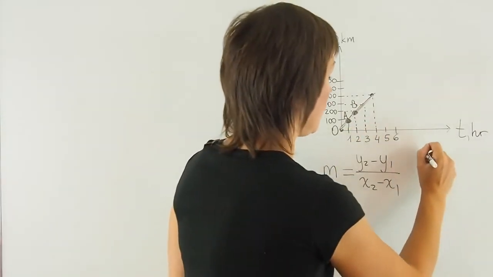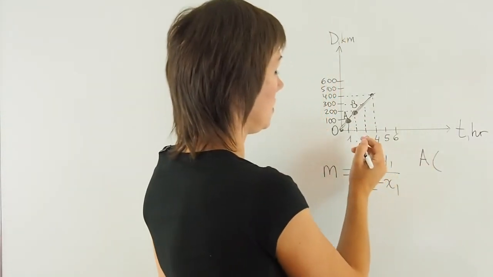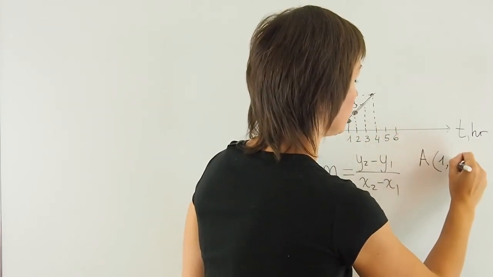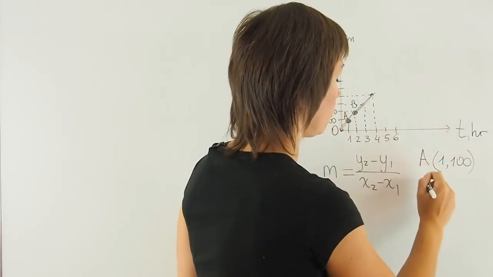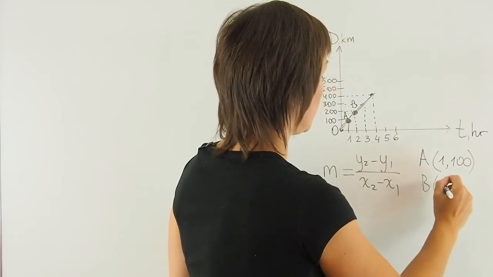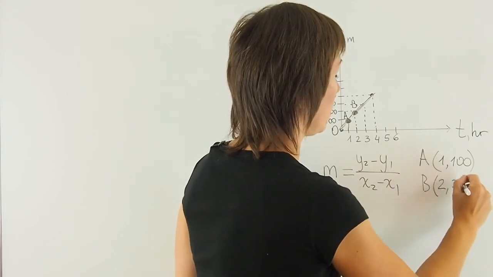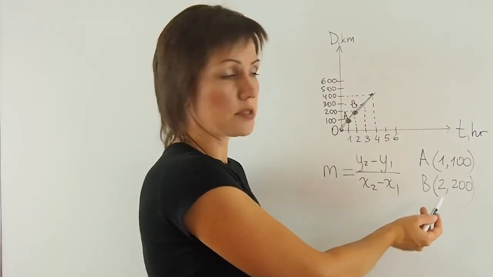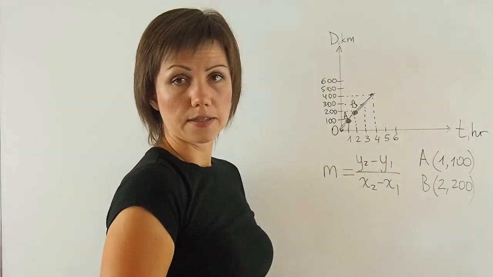For point A, the coordinates are 1, 100. For point B, the coordinates are 2, 200. Remember that x always comes first, y always comes second.